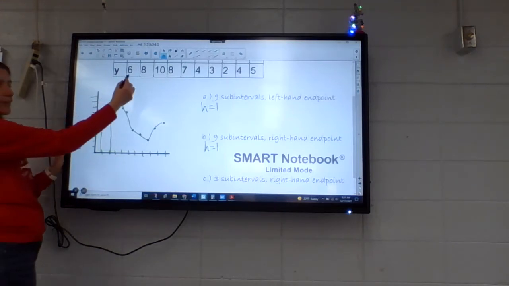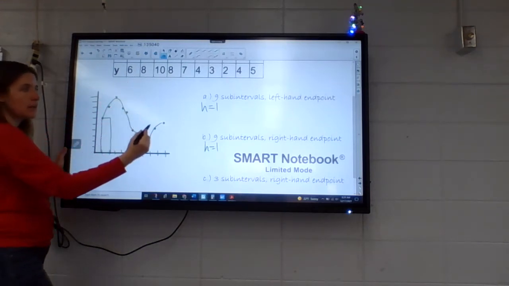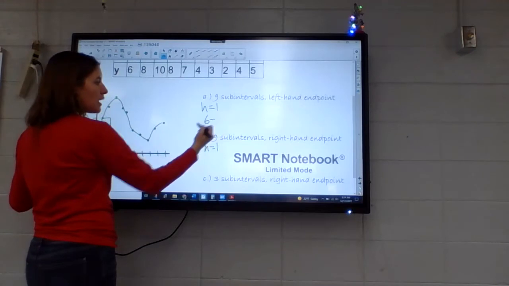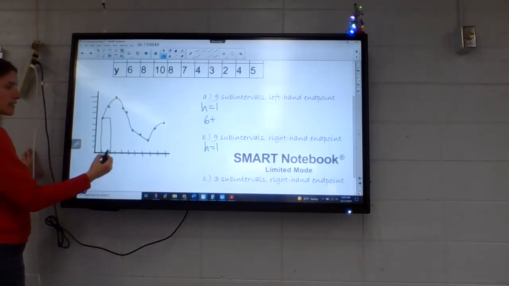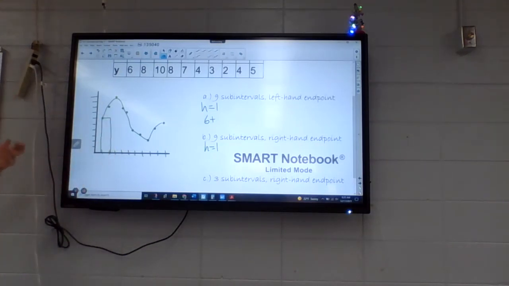It's going to have the first value as the height. So I'm going to do 6 plus, because it's 6 times 1, so I don't have to worry about the width, and I'm just going to go down the line. The next one's going to be 8. So what am I leaving out in this case? The last one, because the last one will never actually use 5 as our height.